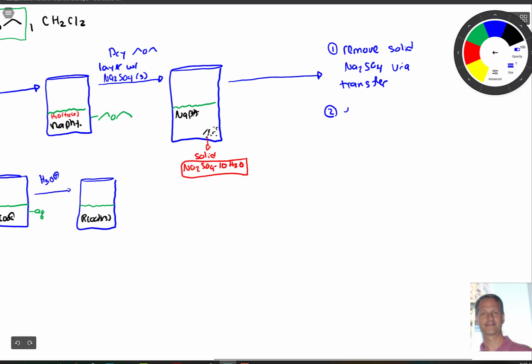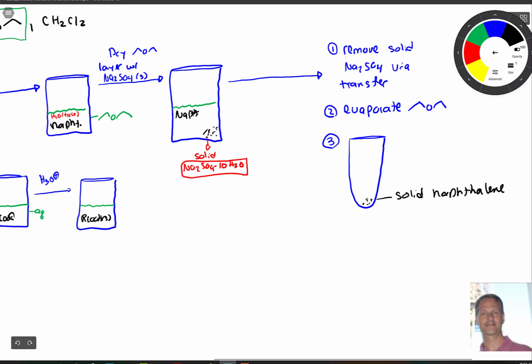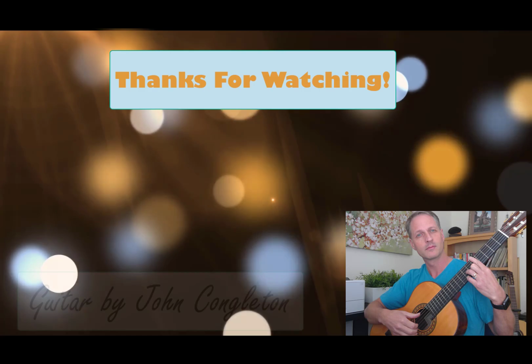At that point in time, then you evaporate diethyl ether, and then when you're done, you're just going to have here your solid naphthalene. And then what we would do is we would take its melting point to see how well we purified it.